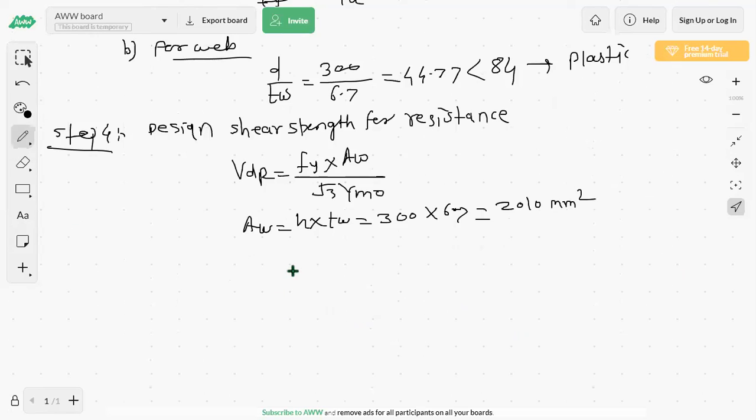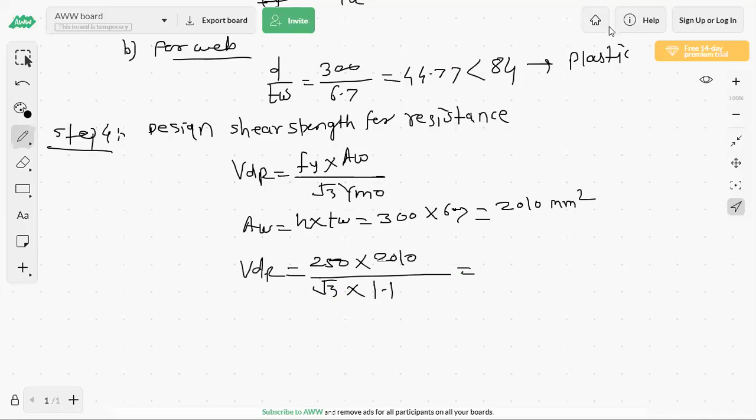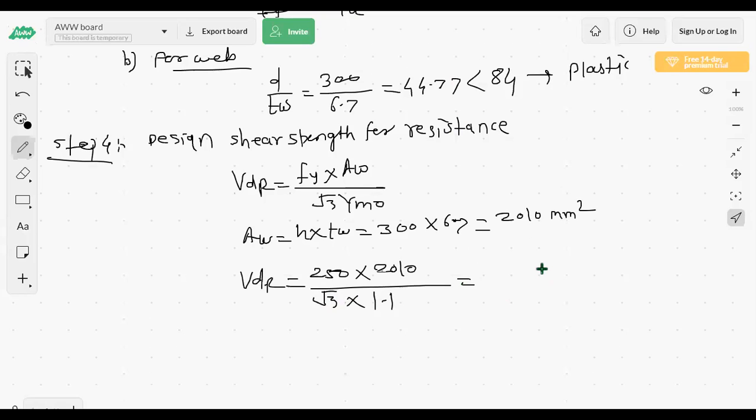Now calculate VDR. Fy is 250. Here VDR is equal to Fy 250, AW 2010, divided by under root of 3 into gamma m naught 1.1. So how much is VDR in kilonewton?